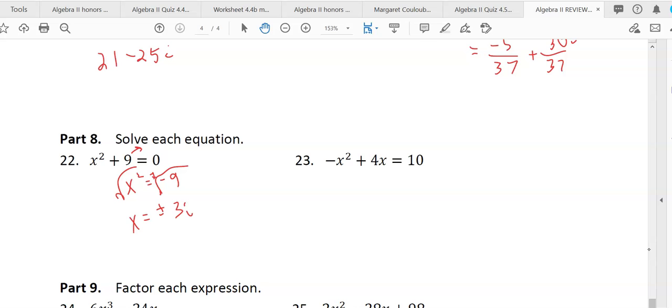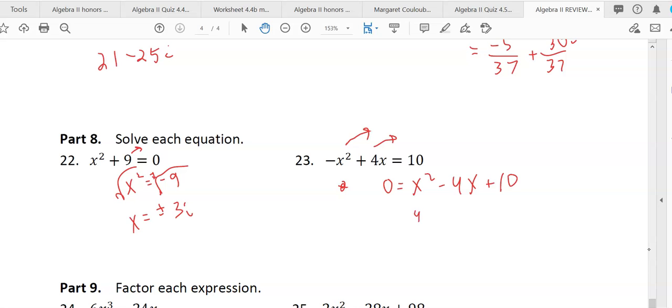Let's subtract 10. Actually, you know what? Let's move these over to this side because that'll make the x squared positive, which I like a lot better. x squared minus 4x plus 10. So I don't think that factors. 5 and 2 don't add up to 6. 10 and 1 don't add to 6. So I'm going to do quadratic formula, I guess.